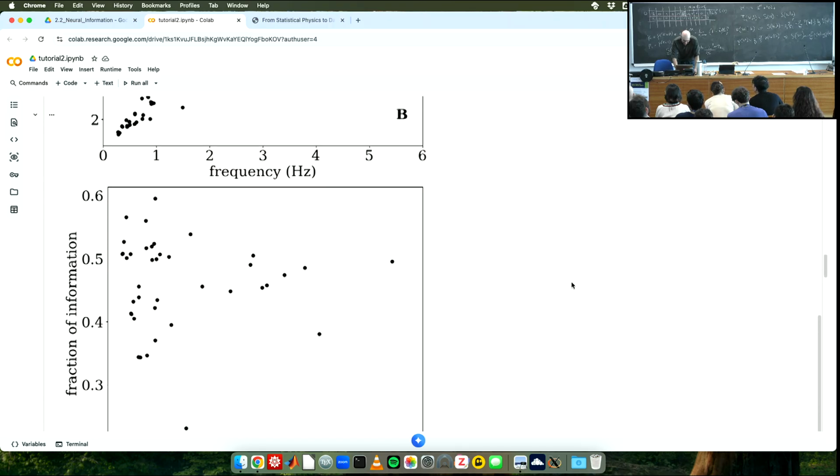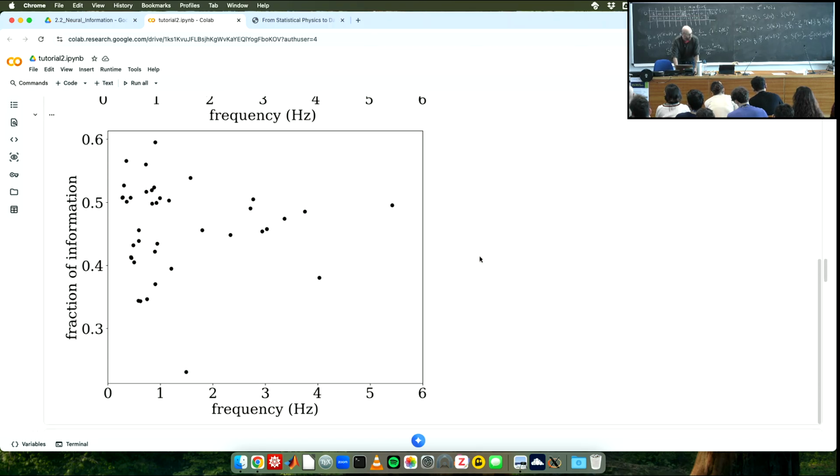But if you divide the mutual information by the total entropy, you get something that is very close to 1/2, which was the point of this paper, that about half of the variability is noise, and the other half is related to the information.